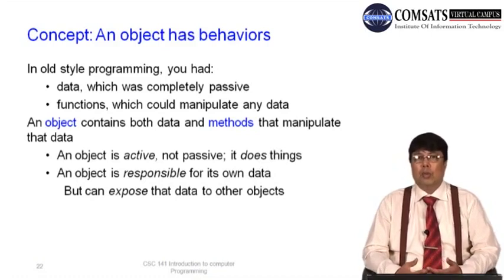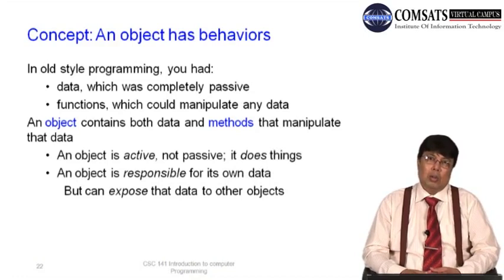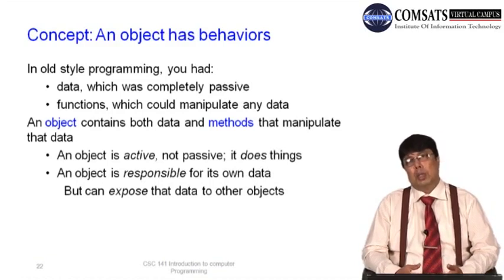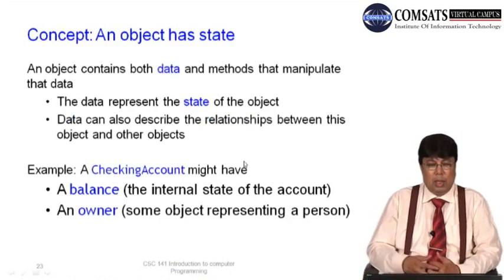For example, you might like to define an object which is office furniture. The office furniture might have an object which is a table, and another object which is a chair. So the table object can be exposed to some other object. You will understand that with the help of some more examples and explanation that I will provide now.